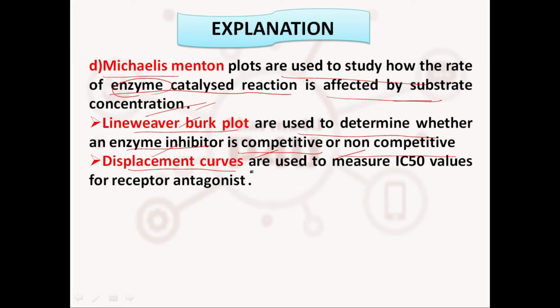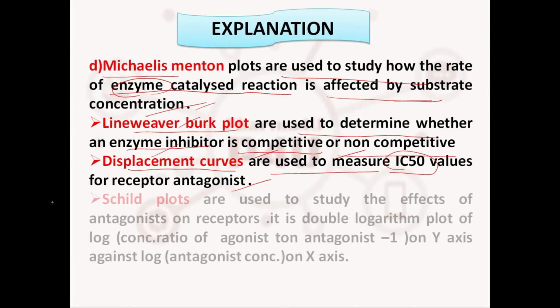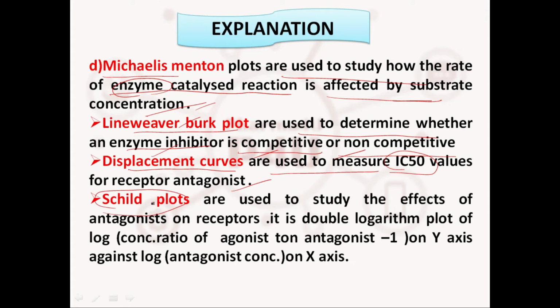Displacement curves are used to measure IC50 values for receptor antagonists. Next one is the Schild plot, which is the correct answer, used to study the effects of antagonist on receptors, and it is a double logarithm plot of log (concentration ratio of agonist to antagonist minus 1) on the y-axis against log antagonist concentration on the x-axis. So students, it's all about this question.